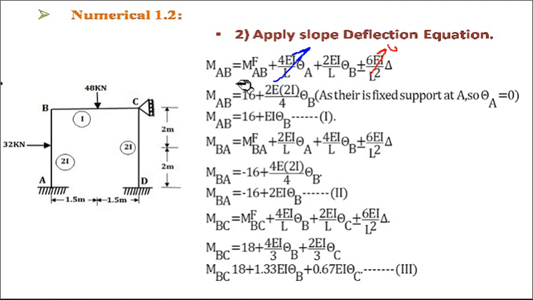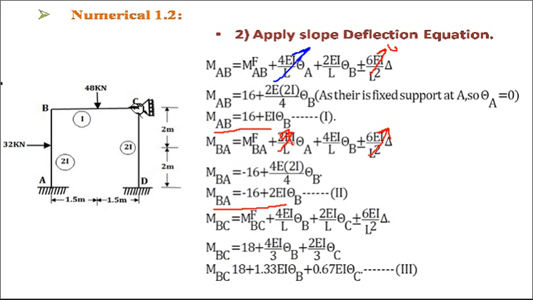Putting the value of fixed moment in member AB and L, we get the first equation, that is MAB. Then we apply the slope and deflection equation for member BA. Here also theta A is 0 because at A there is a fixed support, and delta is 0. Putting the value of fixed moment and L, we get the second slope equation for member BA.